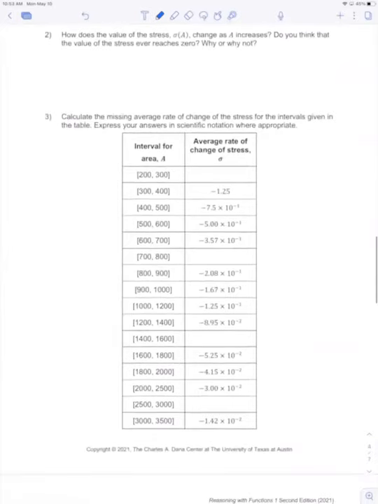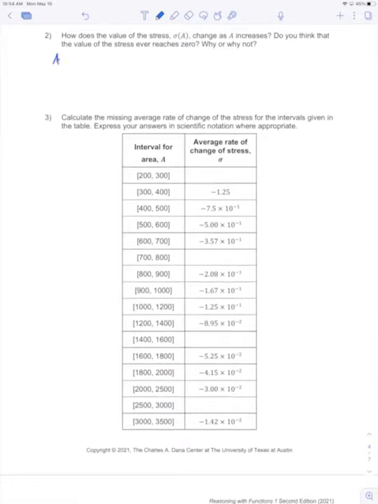How does the value of the stress, that's sigma of A, change as A increases? Do you think that the value of the stress ever reaches 0? Why or why not? So we could say, as A increases, the value of the function sigma decreases.